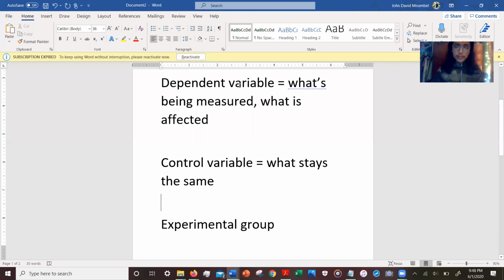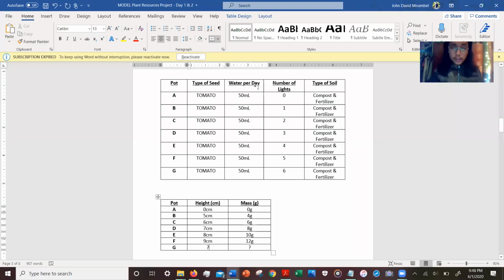Our control variables is everything else, or what stays the same throughout each group in the experiment. So if we look at groups A through G, we will see that what stays the same is the type of seed in each pot, the water per day in each pot, the type of soil, which is compost and fertilizers, and among other things as well.